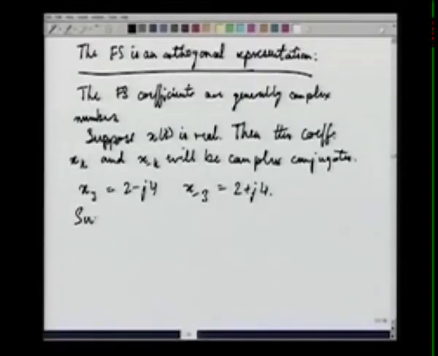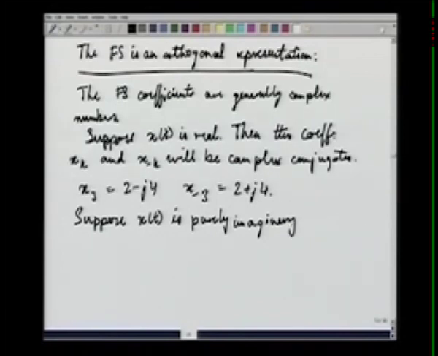Suppose x t is purely imaginary. Then pairs of coefficients x k and x minus k would be conjugates and have a minus sign.